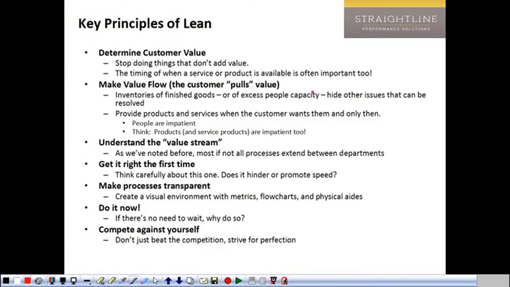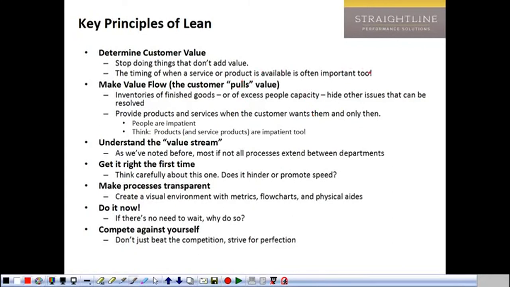What flow really means is the customer pulls the value. There's lots of different things to think about for this, but one way of thinking about it would be to say that every time the customer wants your good or service, they're able to get it as soon as possible, and that all the processes or tasks that have to happen to make that delivery possible go into action immediately without delay.